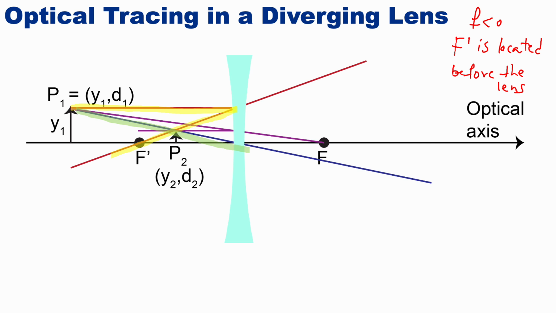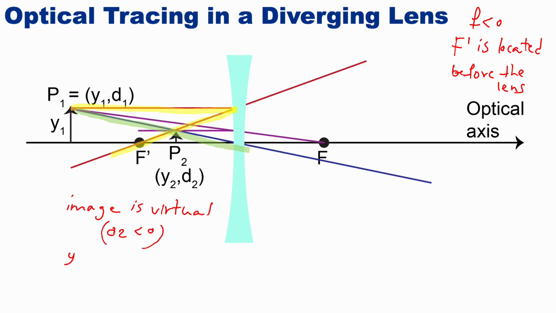And if you look now at the configuration of the image, remember that it's on the left side, so the image is located on the left side of the lens, so the image is virtual. When you solve it mathematically, that means that s2 needs to be negative.